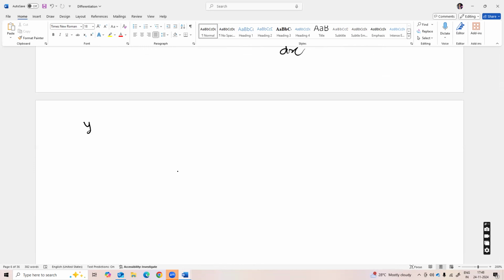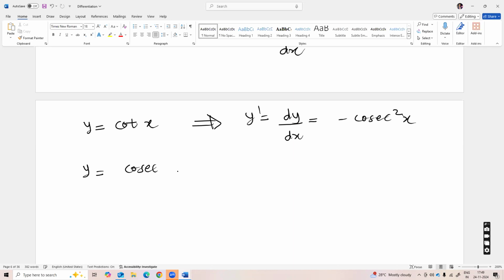Similarly, if y is equal to cot x, then y dash, dy by dx, will be equal to minus cosec square x. For y equal to cosec x, y dash or dy by dx is minus cosec x into cot x.